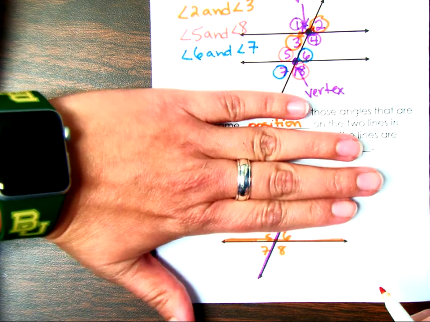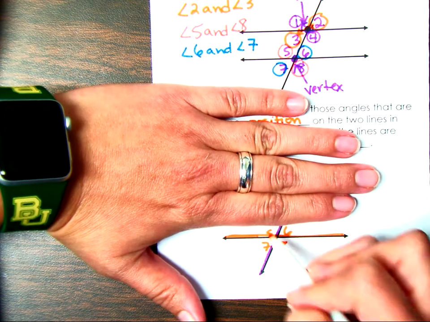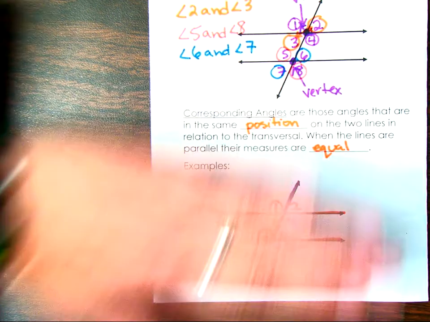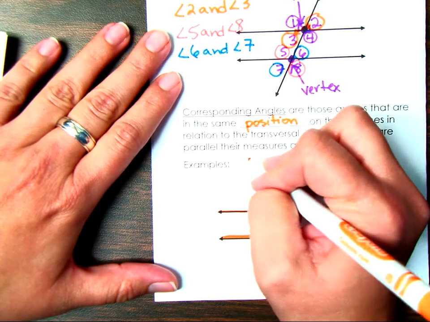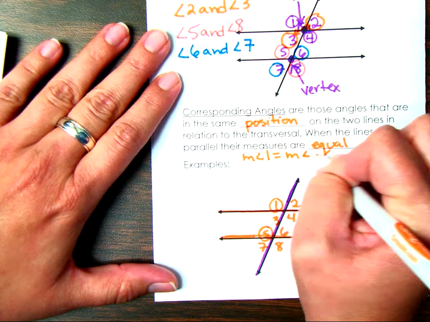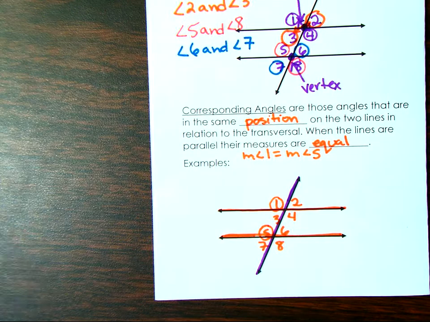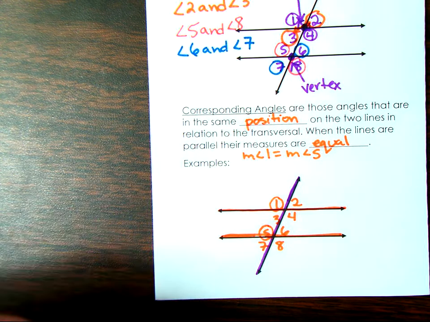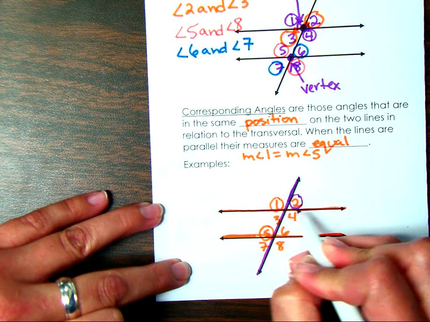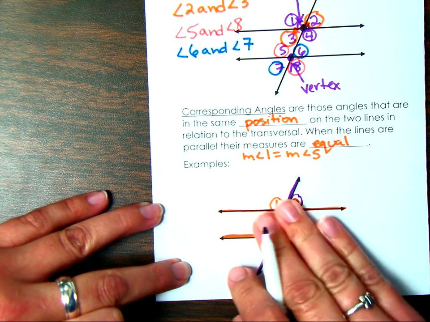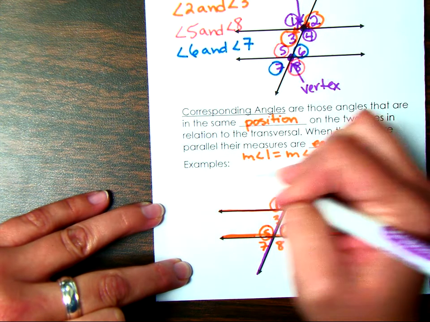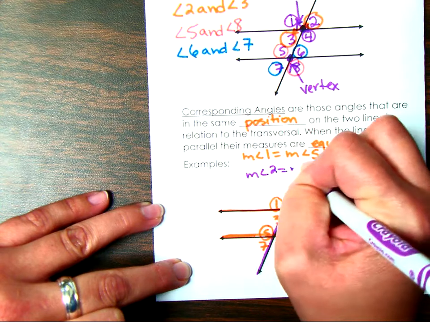Well down here, if it helps you to see it that way, this is the upper left-hand corner of the parallel line and transversal. So that means that the measure of angle 1 is equal to the measure of angle 5 because those two are corresponding angles. Okay? So let's see. That means 2, the upper right-hand corner from that parallel line and transversal, is equal to the measure of angle 6.